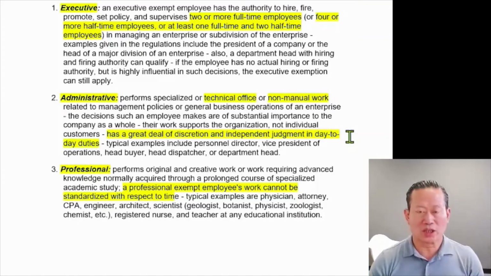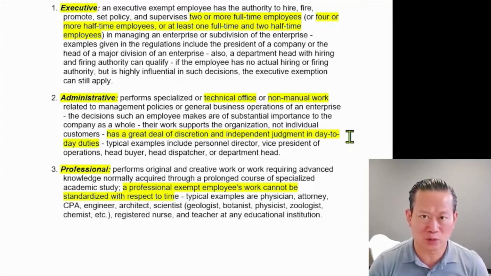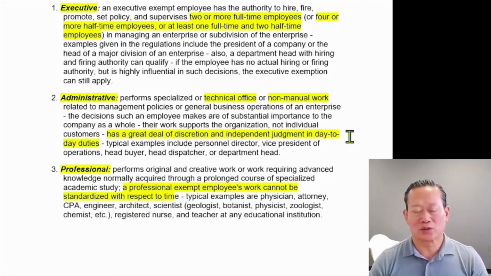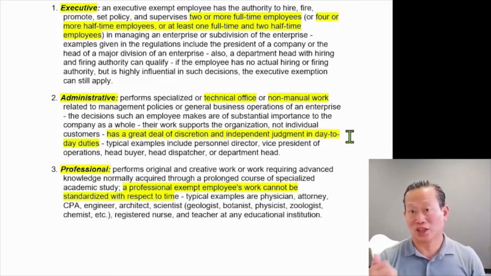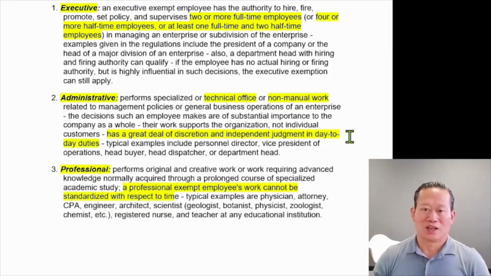Let's take a look at professional exemptions. These are people that went to college and specialized training. They have gotten special degrees. You're looking at doctors, CPAs, nurses, and teachers, scientists, lawyers. And all of those people are utilizing the specialized degrees and training.